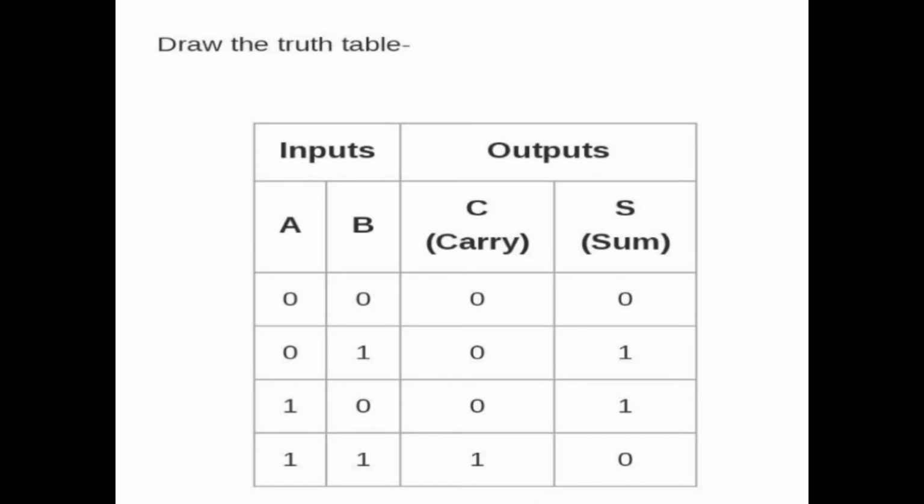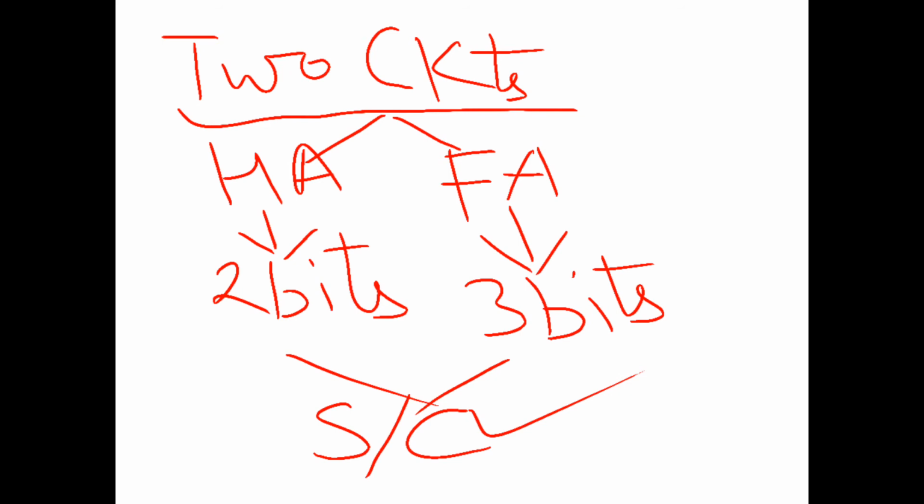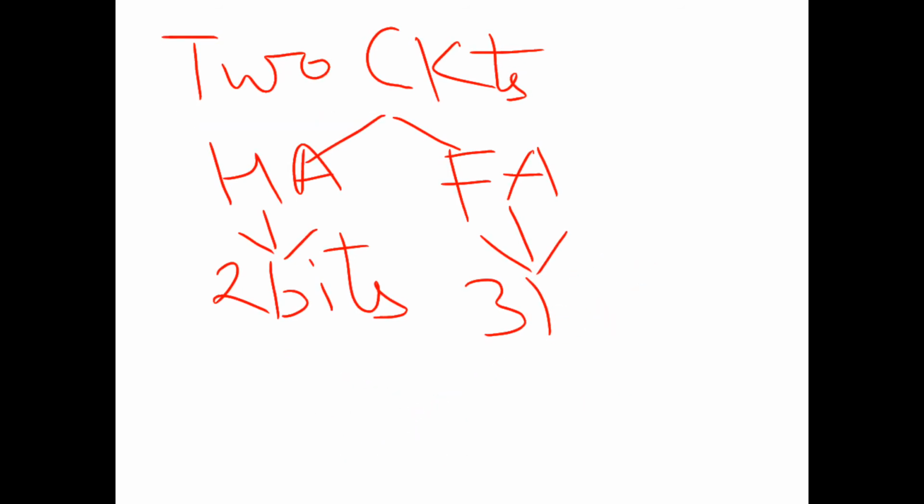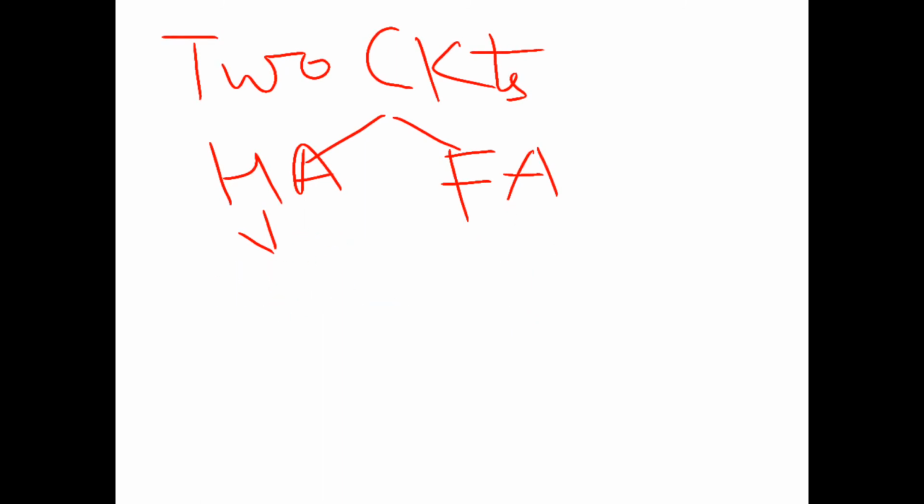Now the truth table of both the circuits will work according to the inputs. Or one can simply make the truth table of the half adder and full adder according to the problems that we have discussed in the previous examples.